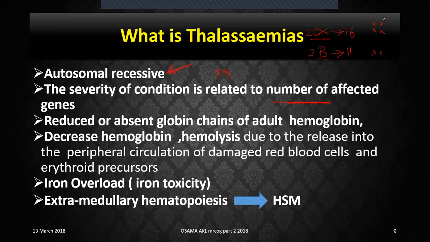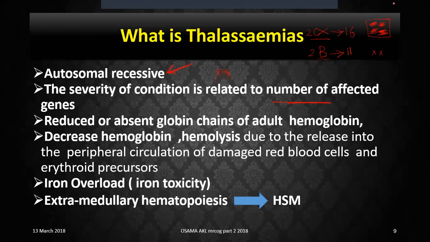If all 4 genes are present, alpha subunits will be normal and no problem in alpha subunits. There may be absence of 1 gene, 2 genes, 3 genes, 4 genes. Any one of them can occur.